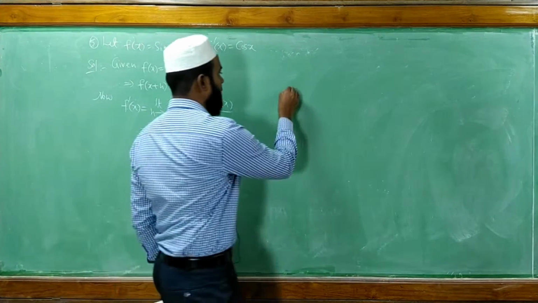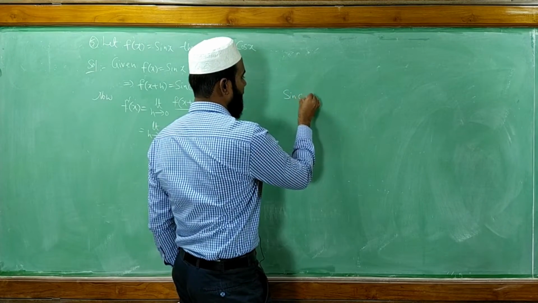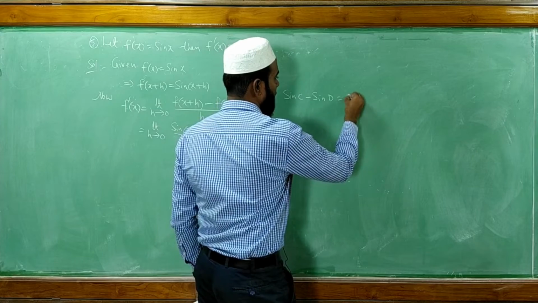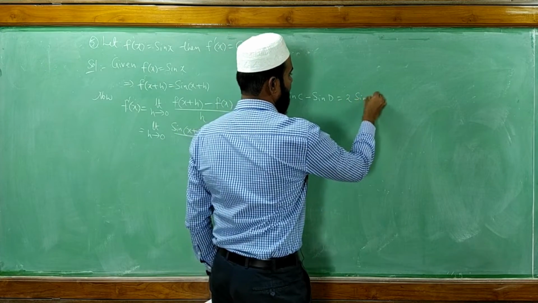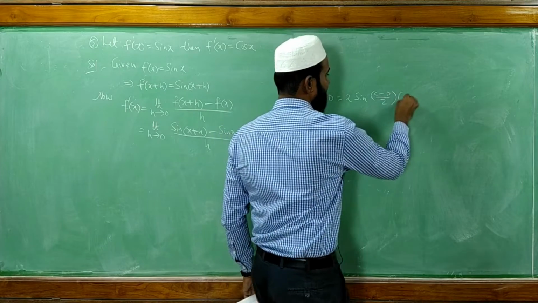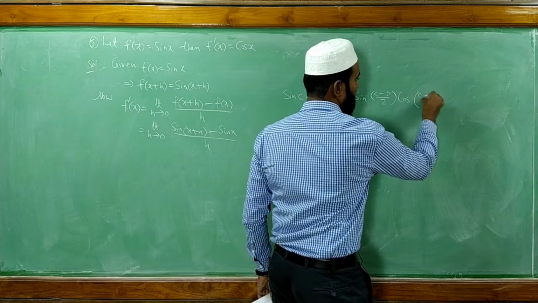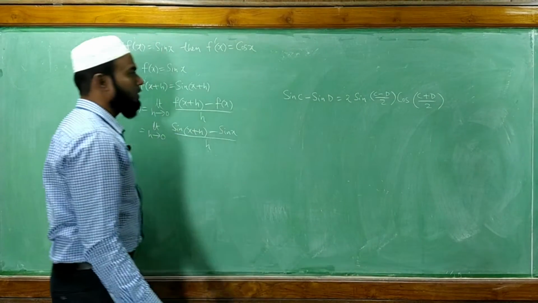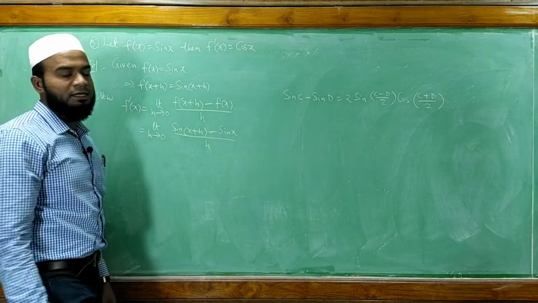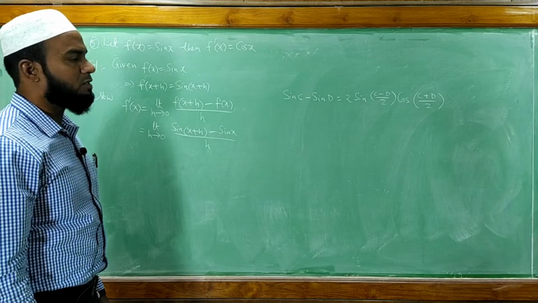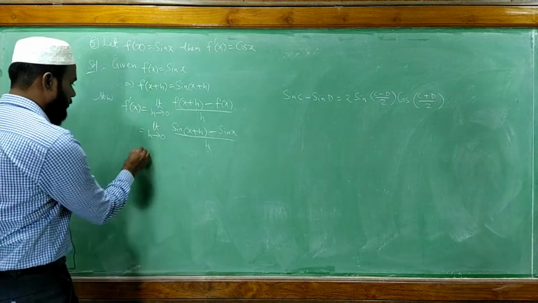So we know the formula, sine c minus sine d is given by 2 sine of c minus d by 2 into cos of c plus d by 2. That formula I am going to use.